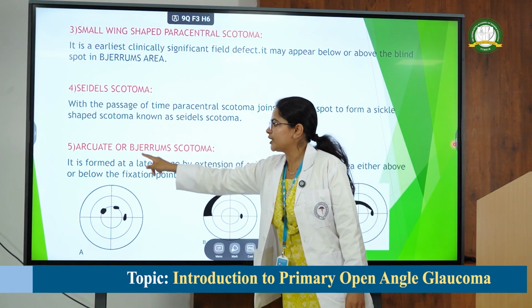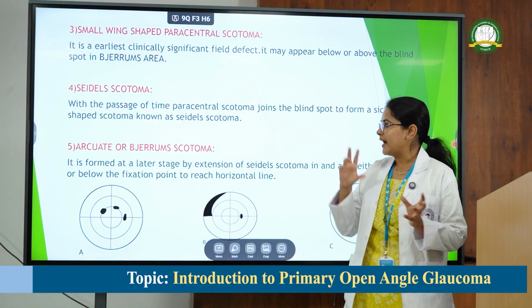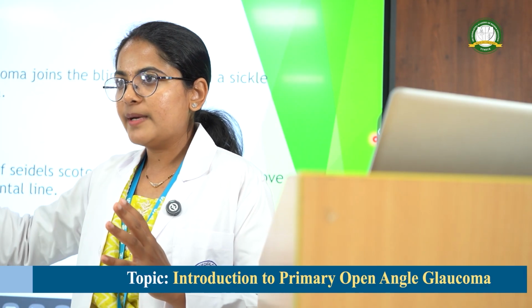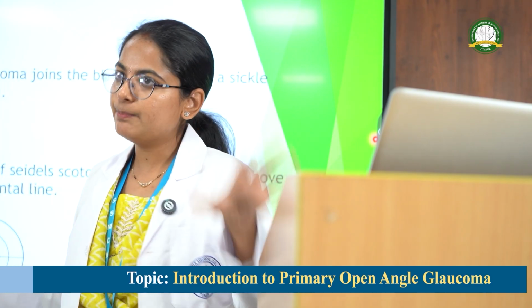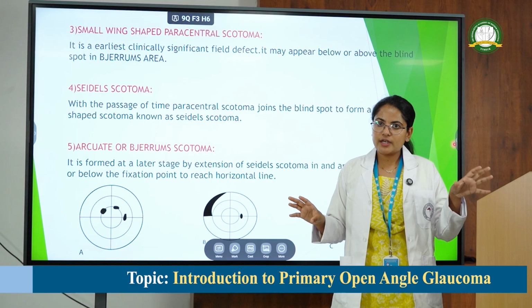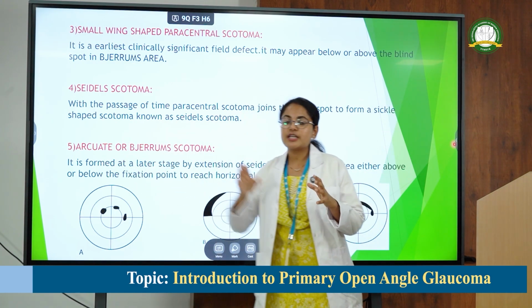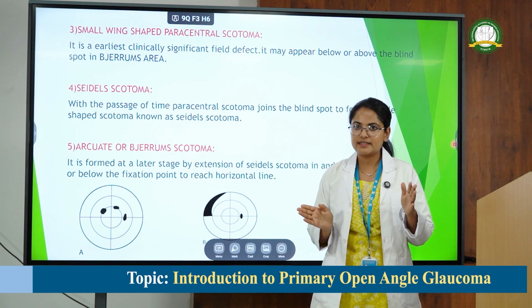Why? What is this Bjerrum's area? In the visual field, there is an arrangement of fibers. There will be superior and inferior. Nasal fibers are called superior radiating fibers and inferior radiating fibers. And temporal we call temporal arcuate fibers, inferior arcuate fibers. The arcuate fibers strictly follow the horizontal raphe. They won't cross the horizontal raphe.